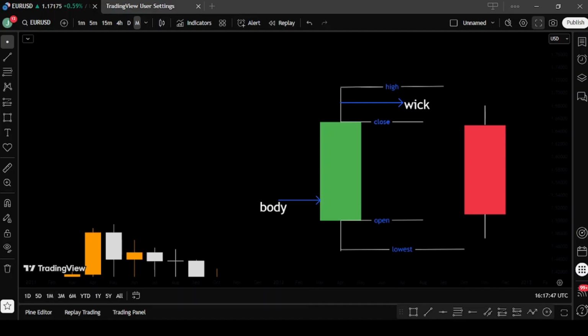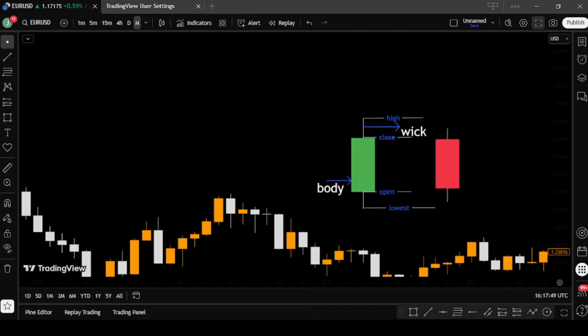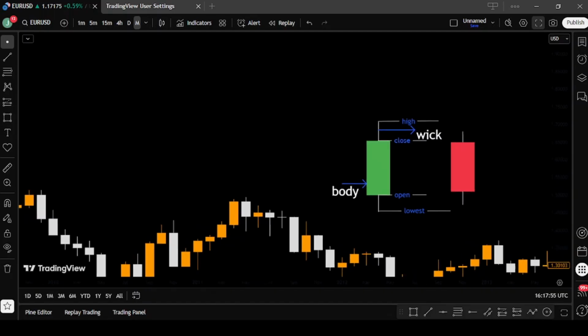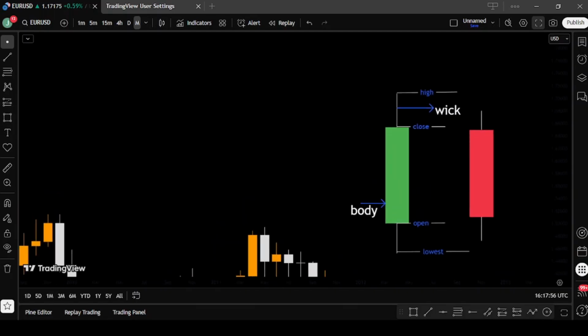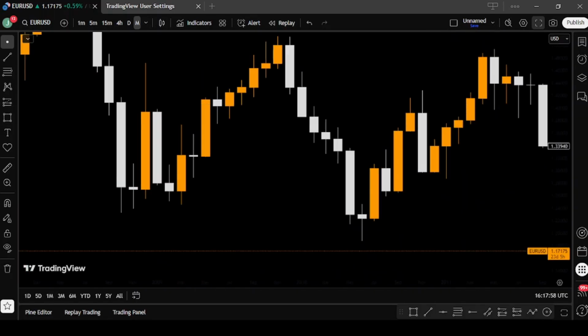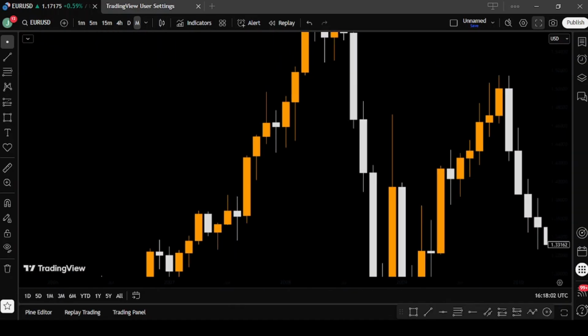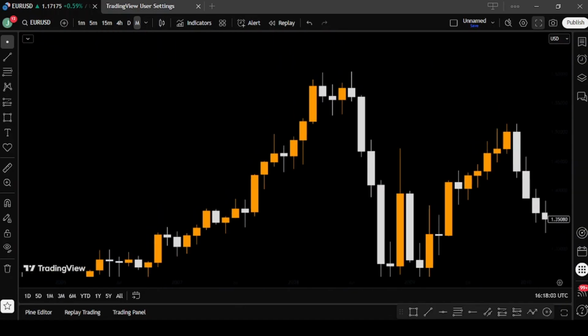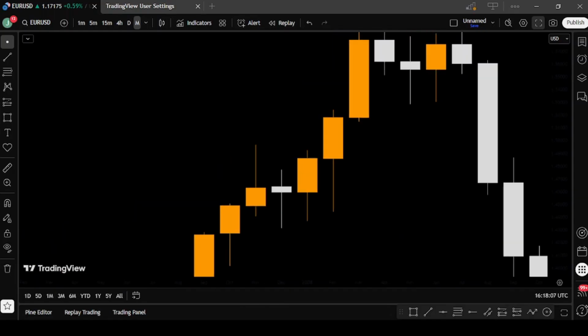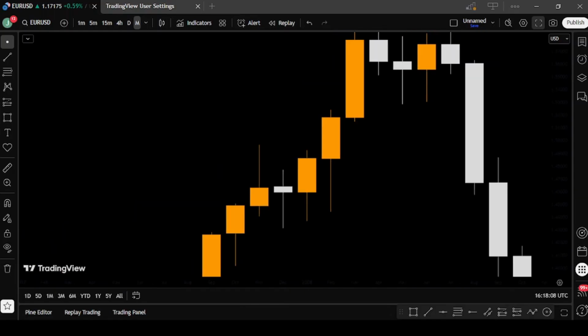Now the collection of the formation of these candles gives us direction, right? If you see this side of the market, we have bullish candles going up.